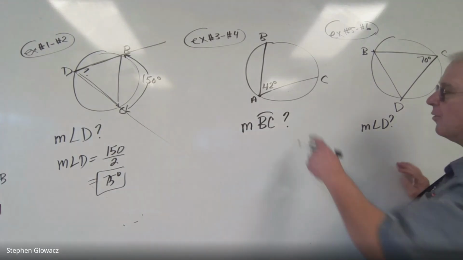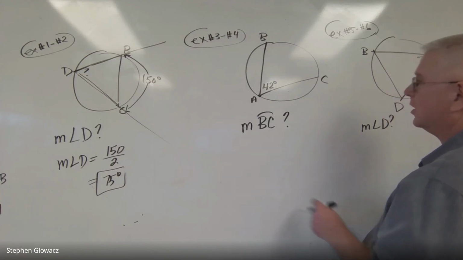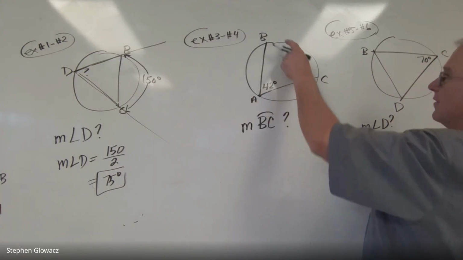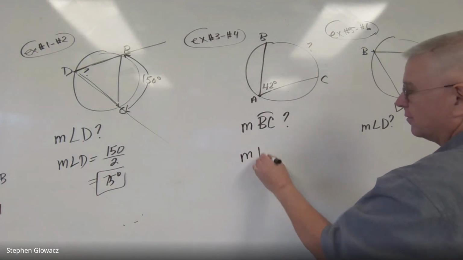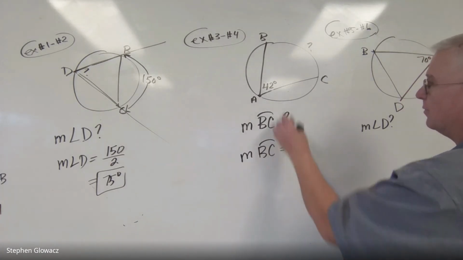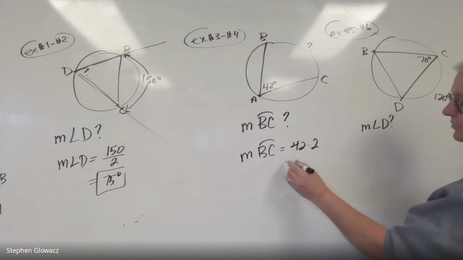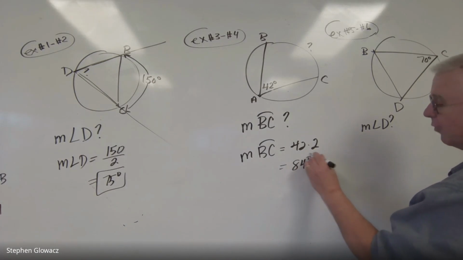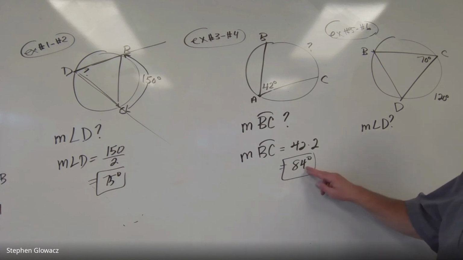If we're going the other way, the opposite of dividing by 2 is multiplying by 2. So if you know the angle and you want to find the measure of this arc, the measure of arc BC would be 42 times 2, which would be 84 degrees.